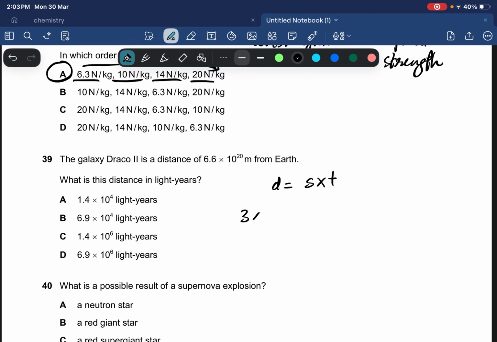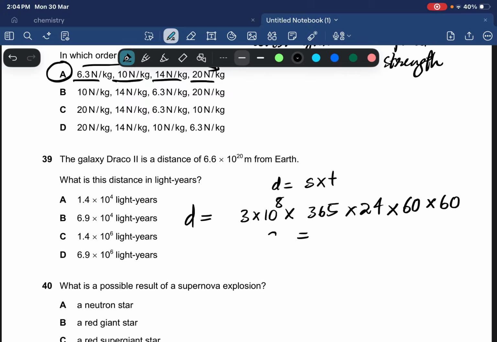Speed of light is 3 times 10 raised to power 8 times the time of 1 year. So we have 365 days, 24 hours in one day, 60 minutes in 1 hour, and 60 seconds in 1 minute.